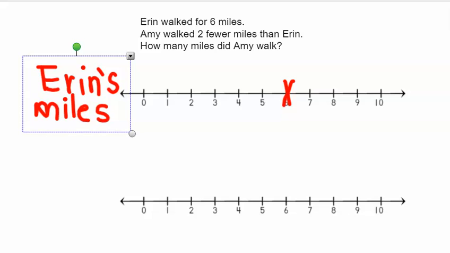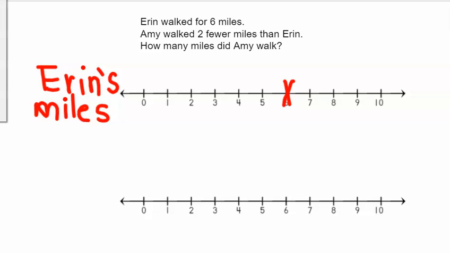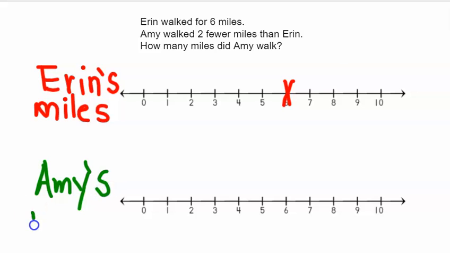So let's think about Amy. Let's represent Amy and label her so that we can keep up with our mathematical thinking. So this number line can represent Amy's miles that she walked.